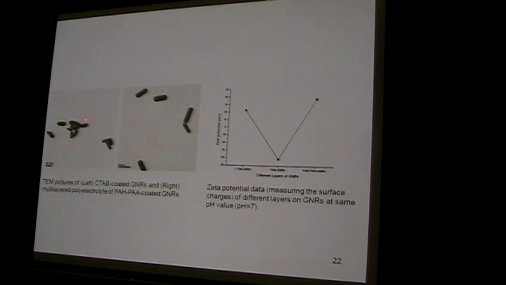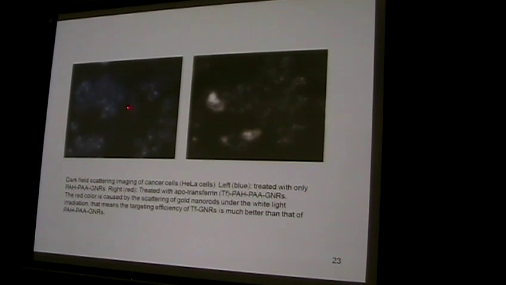And see here, these gold nanorods have several layers of coating. If you look at the zeta potential, you see they are positive, negative, and positive. And this is the specific targeting of these gold nanorods to the cancer cell. And you see here this color is due to the gold nanorods' absorption spectrum, sort of red, pink colors in this case.